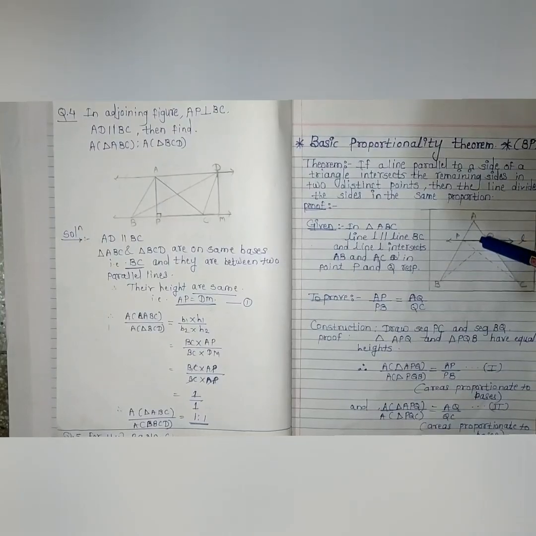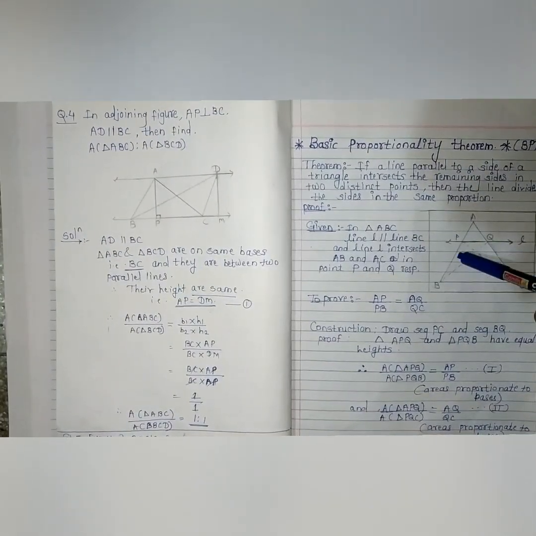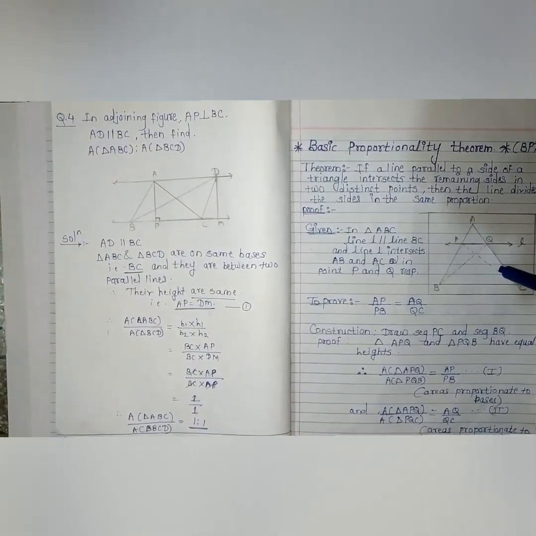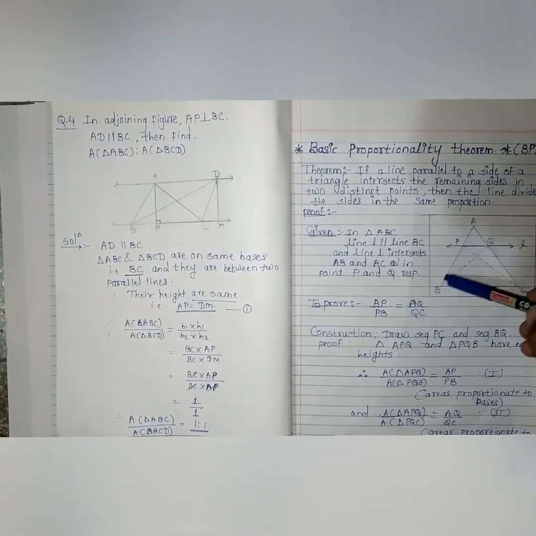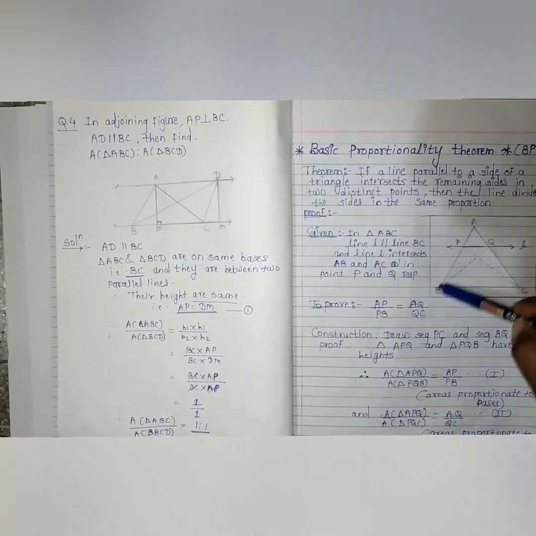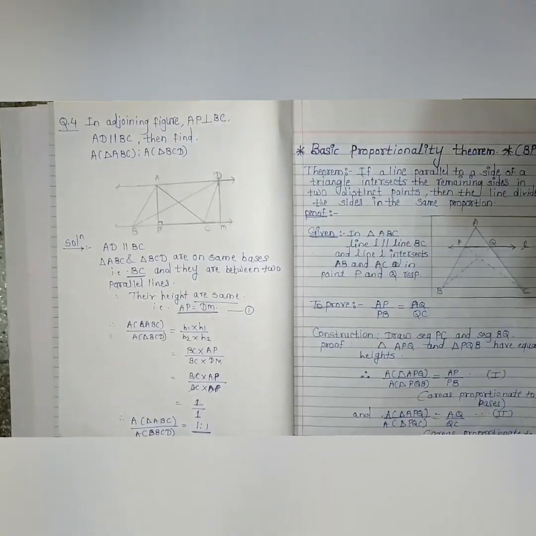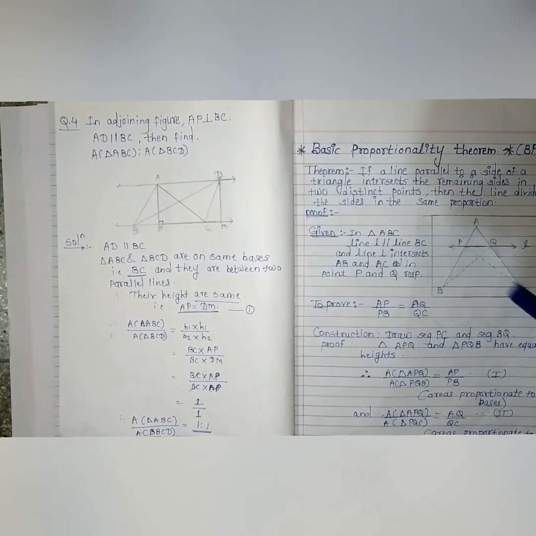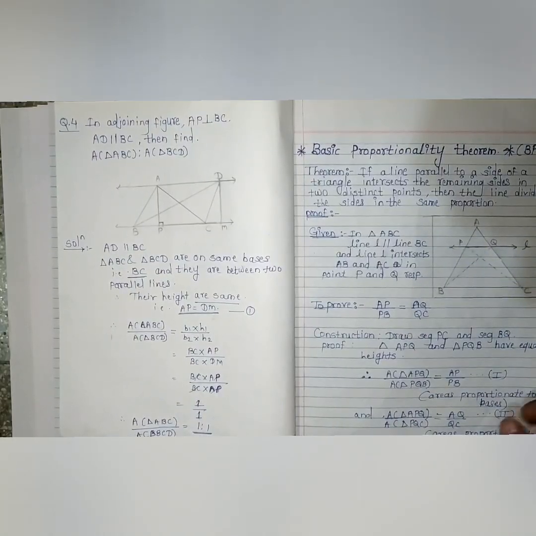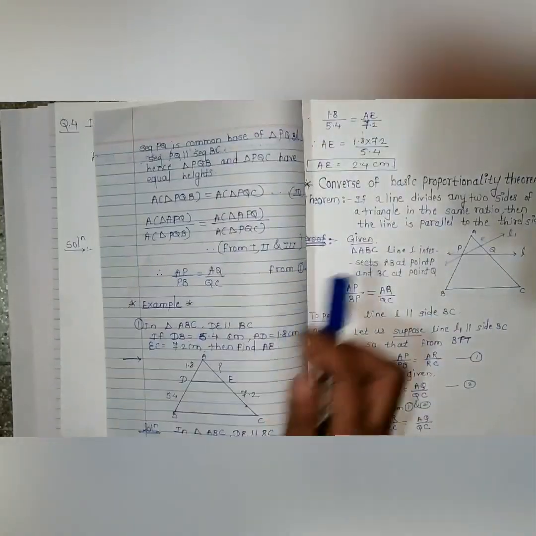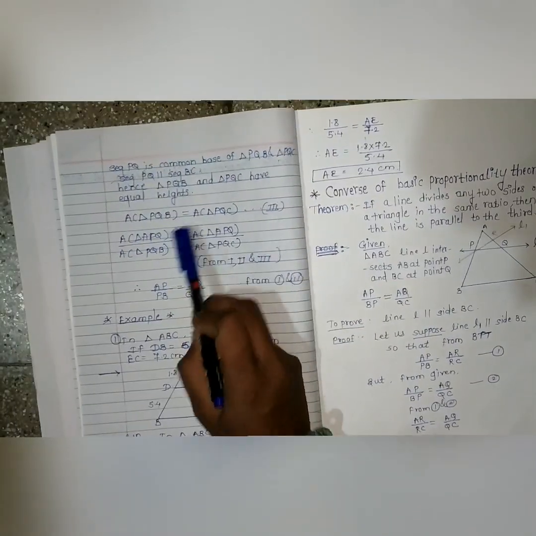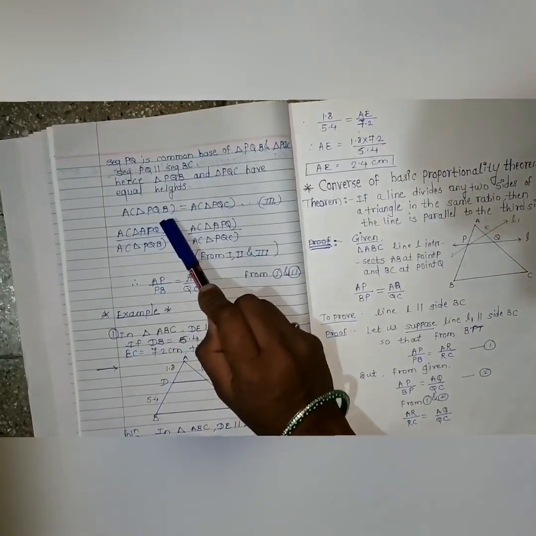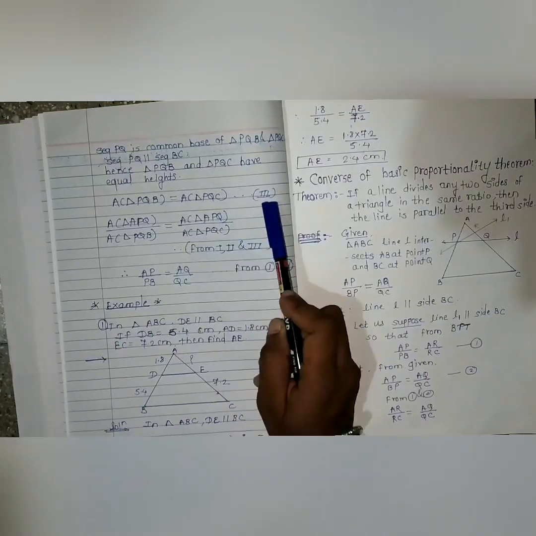We know that if two lines are parallel, then the two triangles have equal height. Therefore, triangle PQB and triangle PQC have equal height and equal base. Therefore, their areas are equal. Therefore, area of triangle PQB is equal to area of triangle PQC.